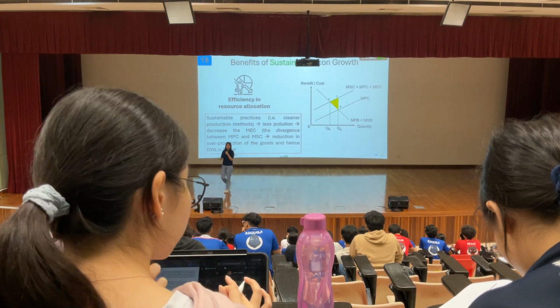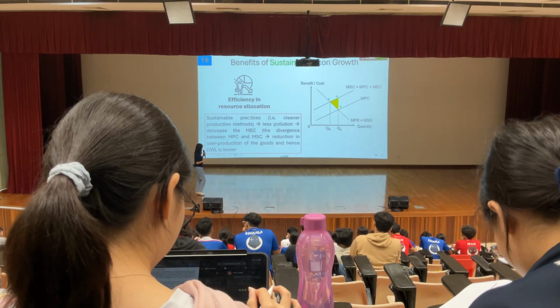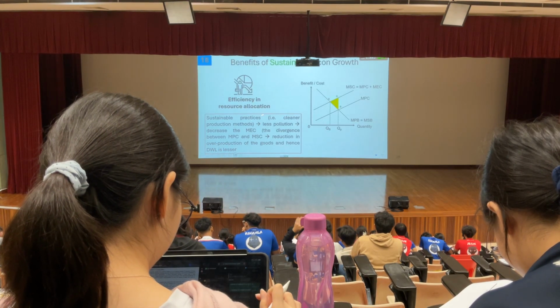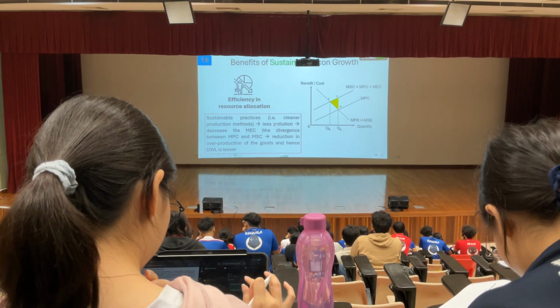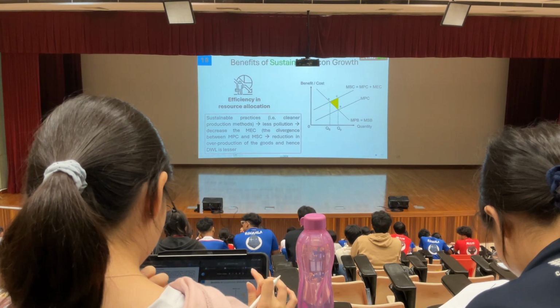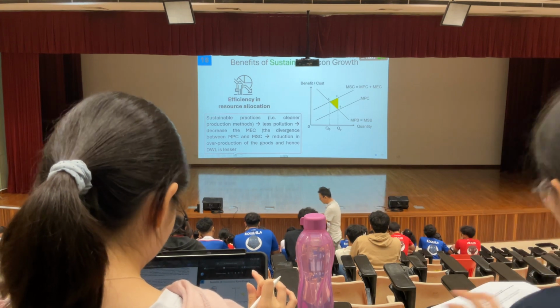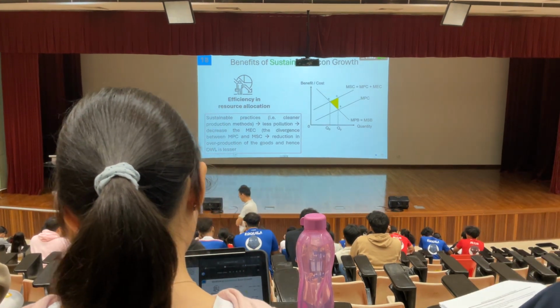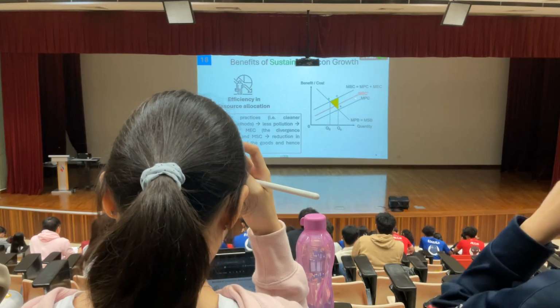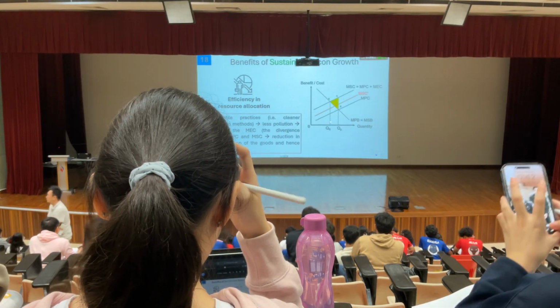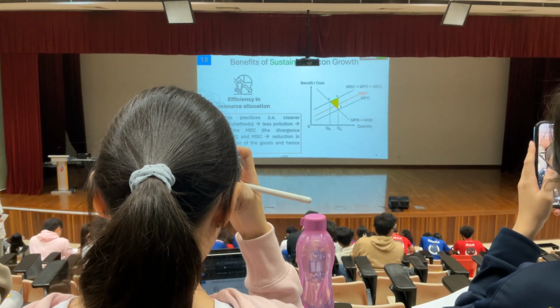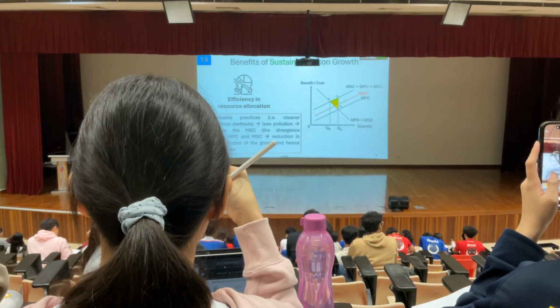Now, if the country adopts sustainable practices using cleaner methods of production, you will pollute less. You pollute less means you lower marginal external costs. You reduce the amount of negative externalities generated. So what you see in the diagram is this. Okay, you'll see a smaller divergence between your MPC and your MSC curve.